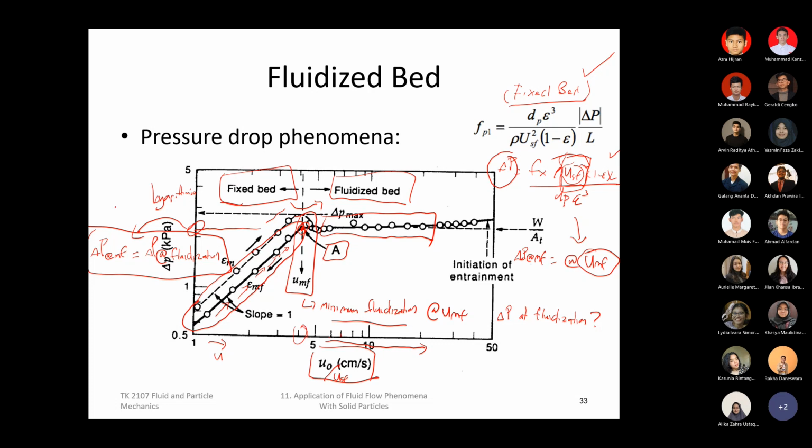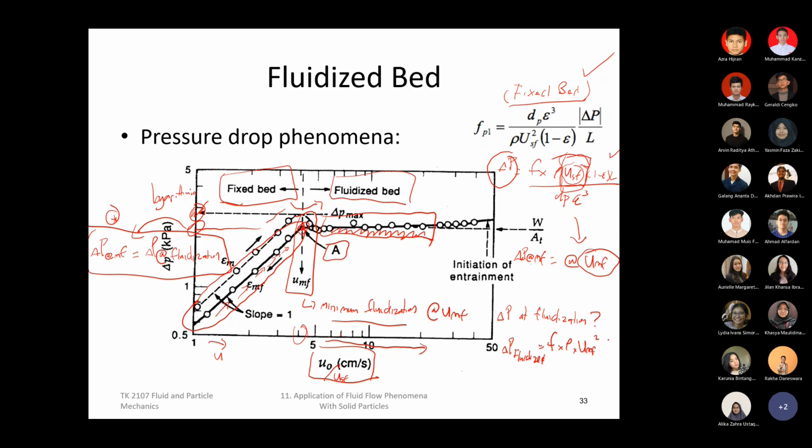Actually, no. When we understand and we can validate that in this region the delta P is similar to delta P at minimum fluidization, then even for delta P at fluidized condition, you still can use the same formula for a fixed bed as long as you put the correct velocity.